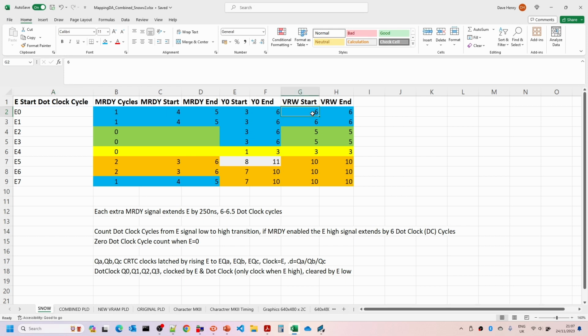In particular, the main things, I was able to make the video read-write signal to be 1 dot clock wide. When I looked at the data sheet, you only need about 10 to 15 nanoseconds for the data to be written to the video RAM. So I shortened that, avoided some of the issues I had.